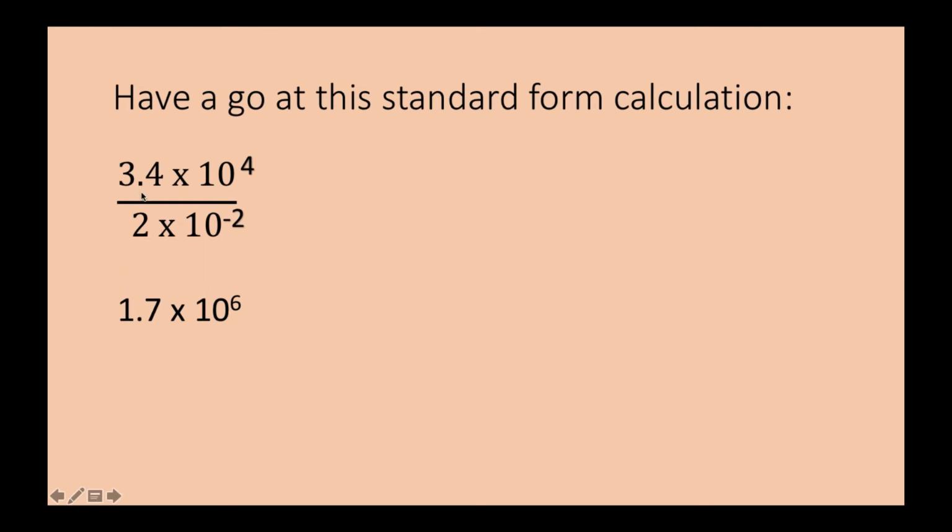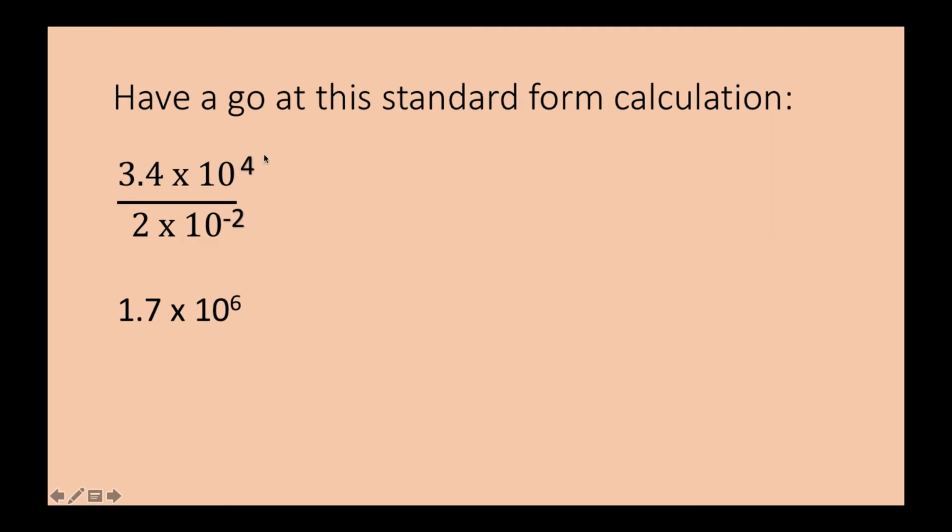So 3.4, if you want to, you can pause the video and see if you get the right answer, just to check on your learning or your understanding. So pause the video if you like, and I'll just go through it anyway. So 3.4 divided by 2 is 1.7, and then we have 4 take away minus 2.